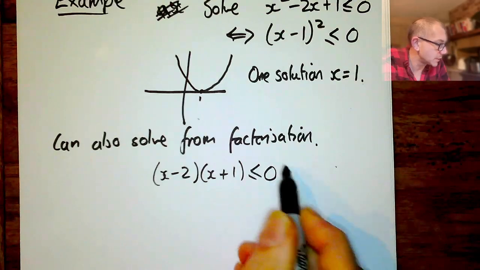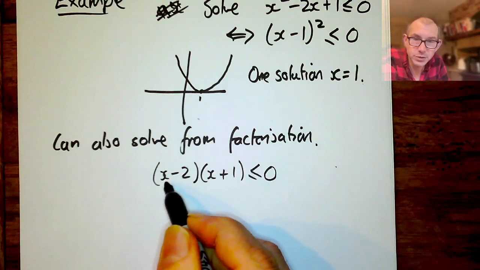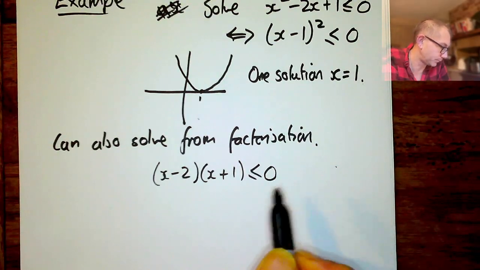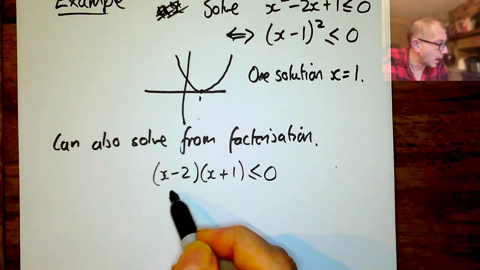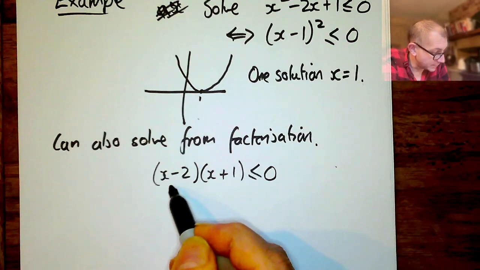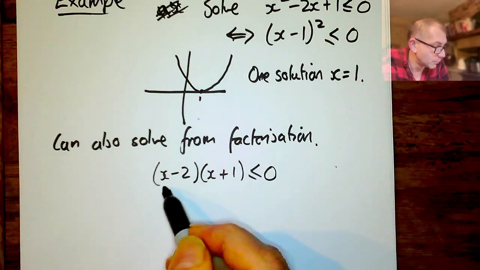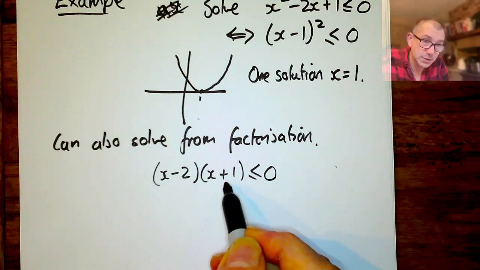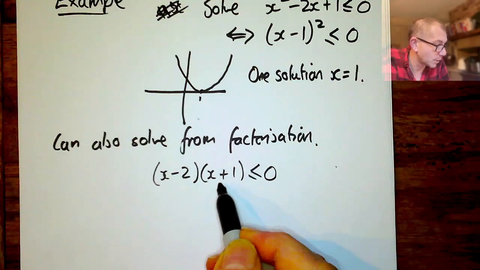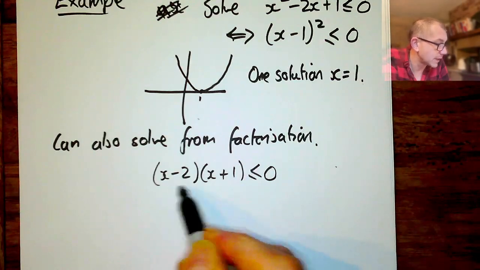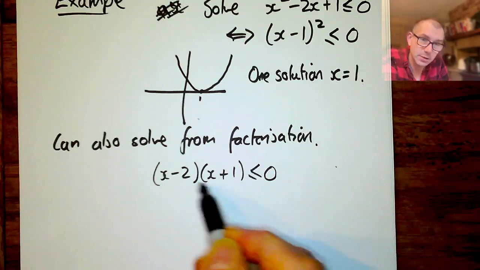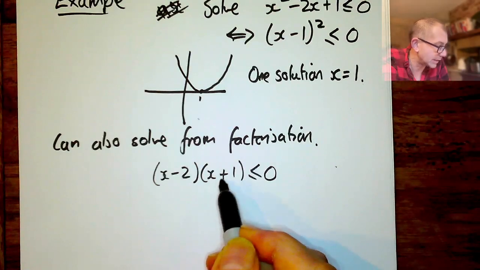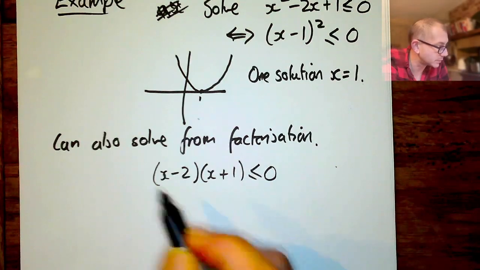So if we want to get a negative number, we have to multiply a positive one by a negative one. So if I take x bigger than 2, then both of these are going to be positive, so I don't want that. And similarly, if I take x less than minus 1, then they're both going to be negative, and I don't want that. So it has to be between the two values.